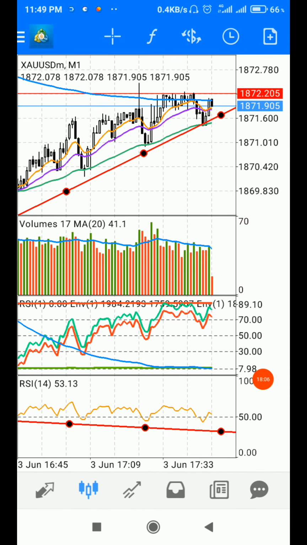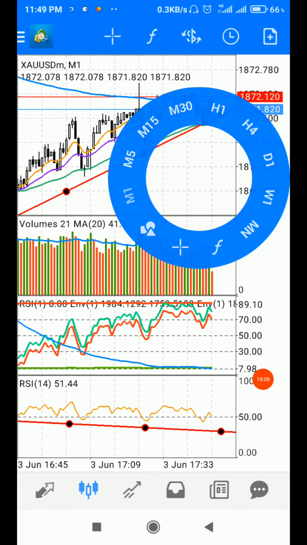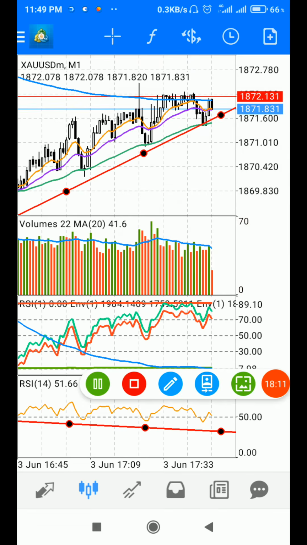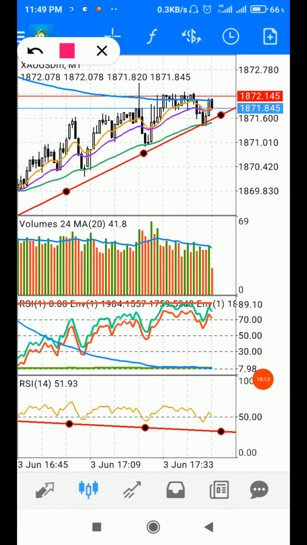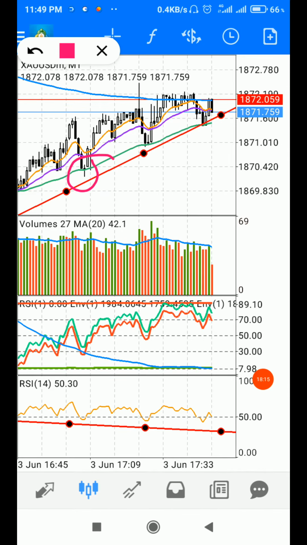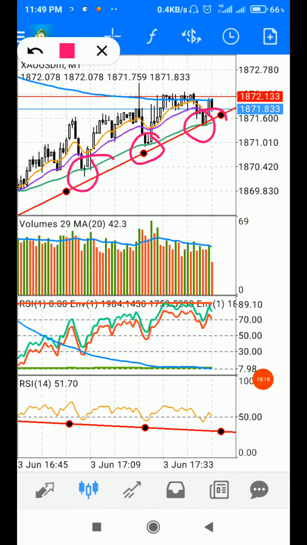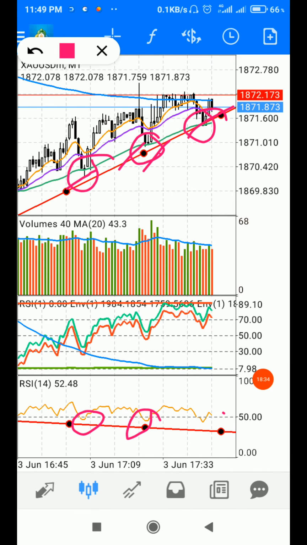So what you see, if we draw this point and this point, then this is a low, higher low, then higher low, and here and here, this is lower low, lower low.